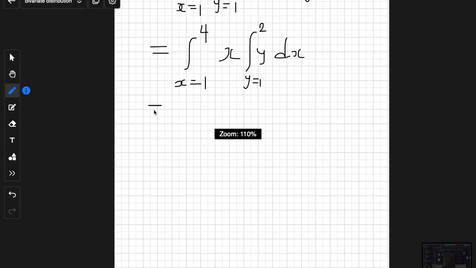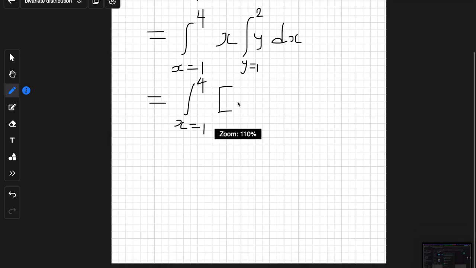So what will happen is that you are not going to have x equals to 1 here. By integrating this, you are now going to have y raised to the power of 2 over 2, over the limit 1 to 2, and then you have the x.